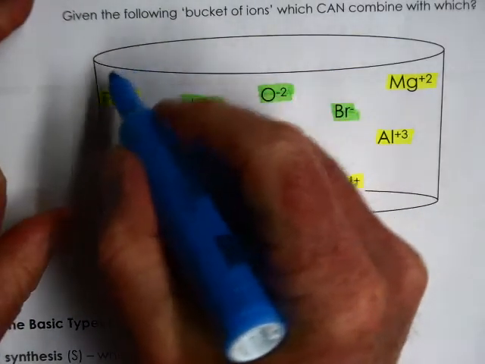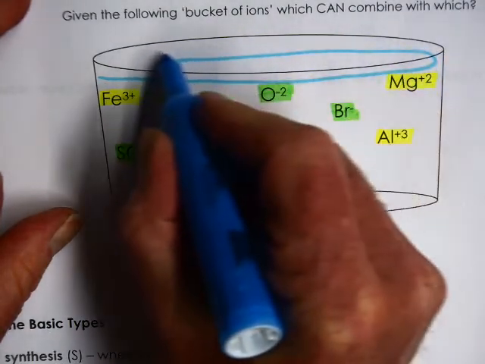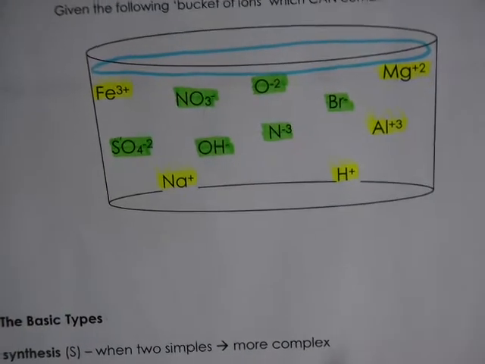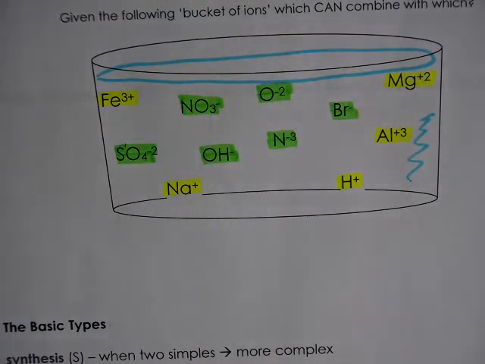If this was a solution containing these ions, what would you predict could happen, keeping in mind the laws of electrostatics? What are the laws of electrostatics? What repels each other?